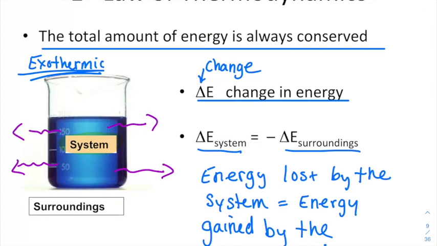So the same quantity, so if you lose 2 joules of energy from the system, you're going to gain 2 joules in the surroundings. So again, same quantity, just different signs, and that is why we have this negative over here on the right. It's just showing that they have different signs but the same quantity. So any questions on anything there?